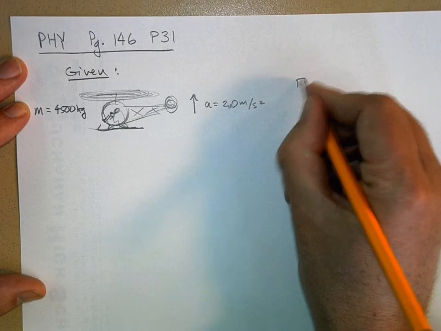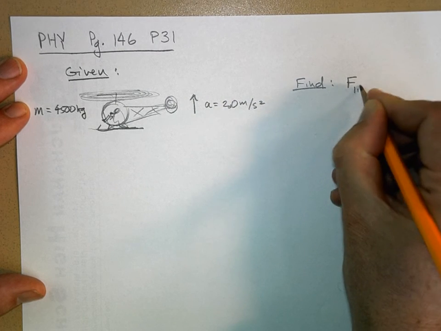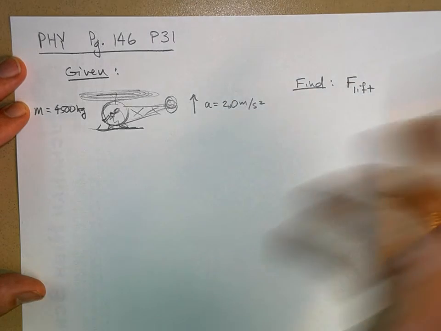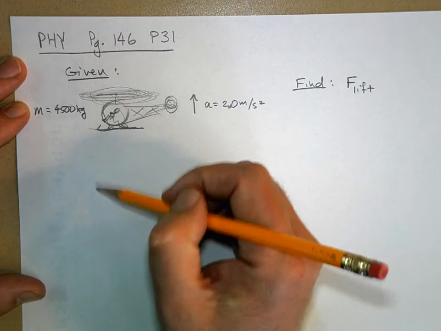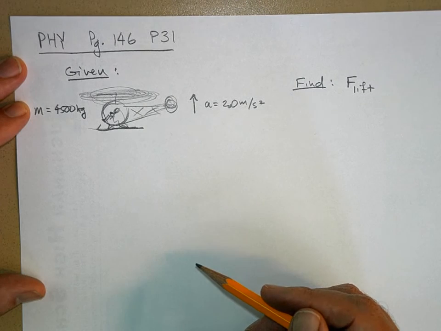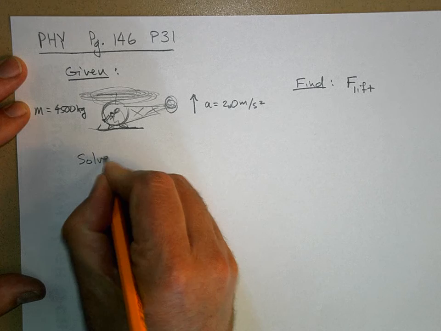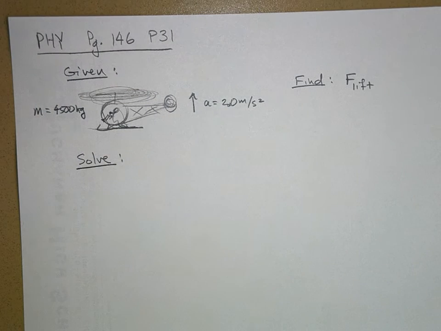And what are we trying to find? We're trying to find the force of lift. The propellers push down on the air, and the air pushes up on the helicopter. We call that lift on the blades. So, solve. What did I just do?